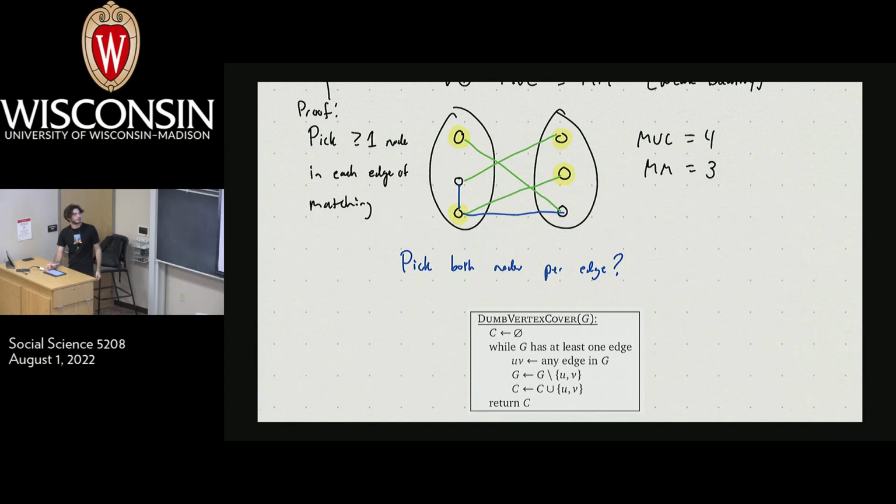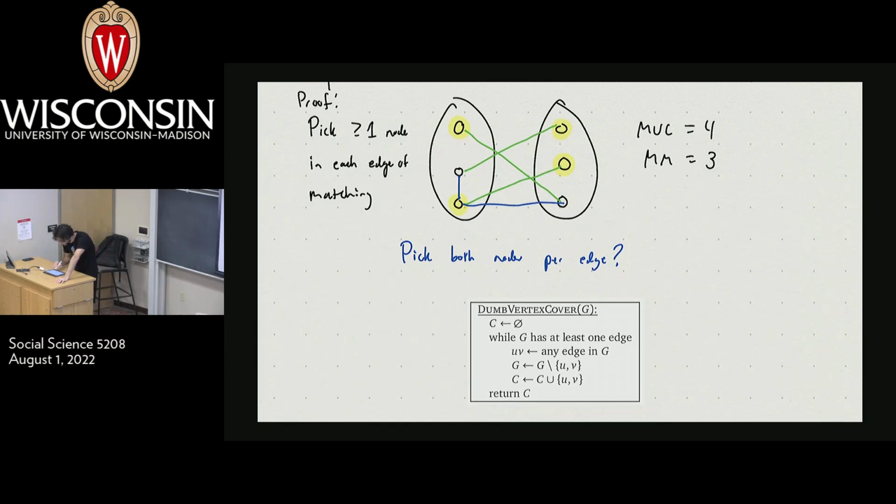So this is a really dumb algorithm. The idea is pretty much the same. We just loop through G until we run out of edges. We find any edge in G that's not covered yet, and we forcibly cover it by picking both of its endpoints. So can any edge be uncovered?